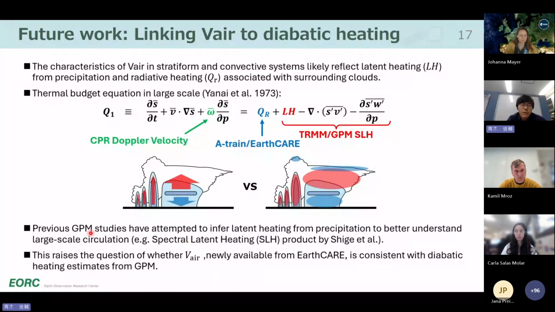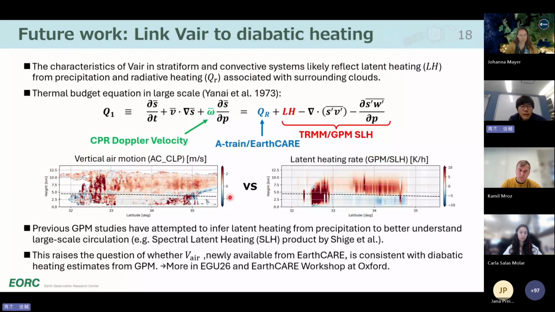Previous GPM studies have attempted to infer the large-scale vertical motion from latent heating, by estimating the latent heating distribution from precipitation measurement. But now EarthCARE has new measurements of vertical air motion, so we can investigate how this vertical air motion is consistent with the latent heating.